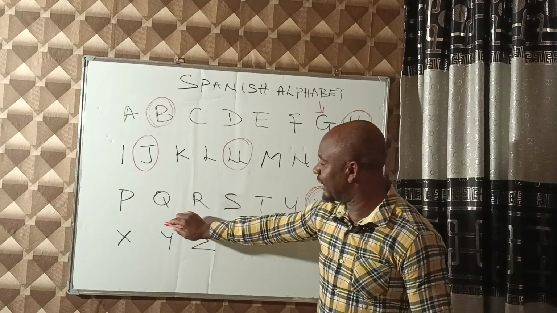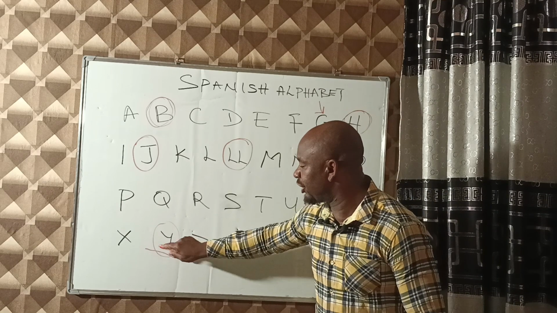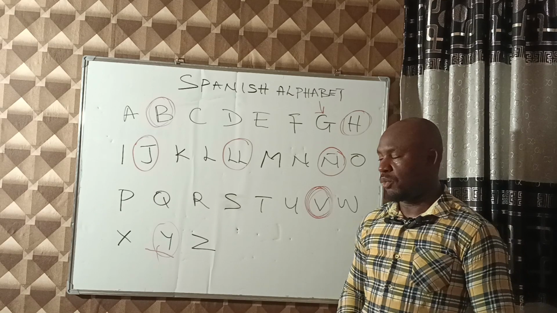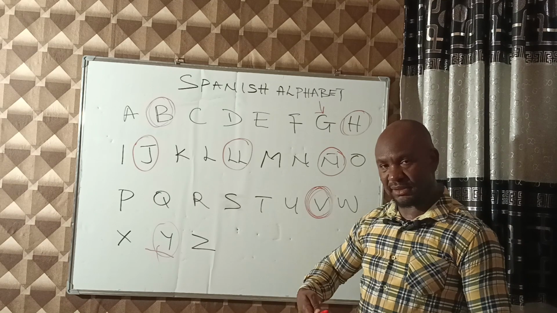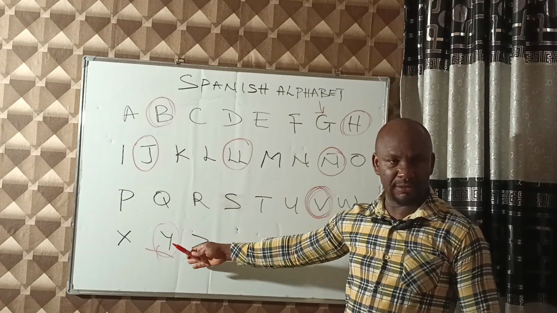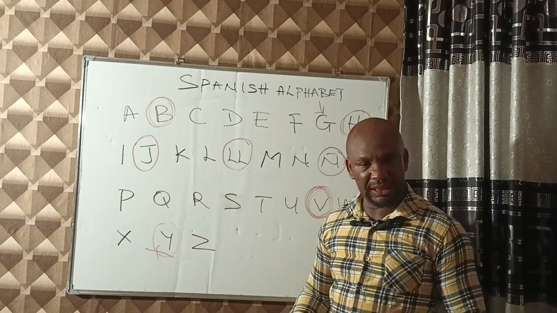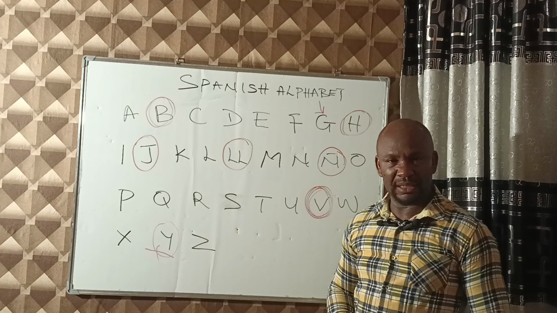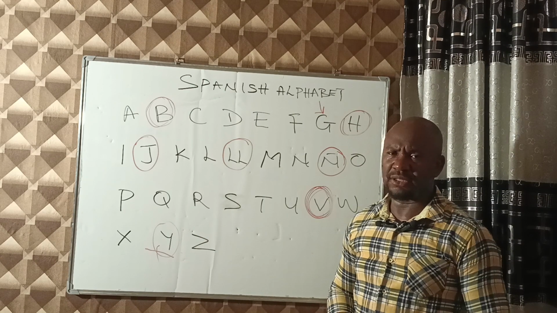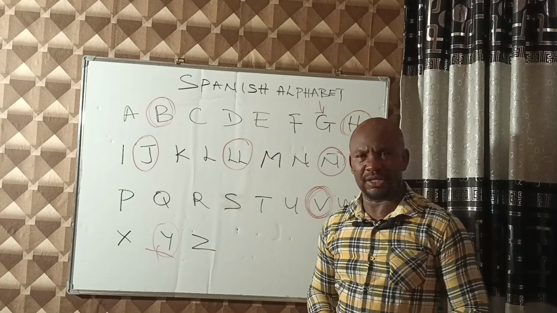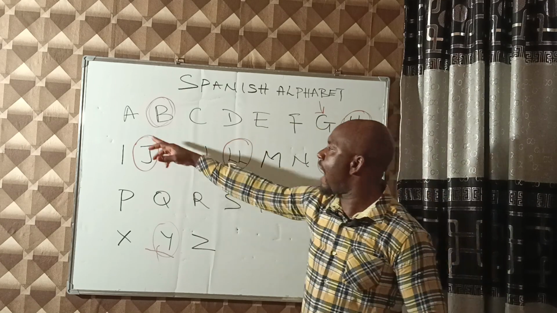Now, the letter Y actually does not exist in real time. It only exists while you are pronouncing it alphabetically. But when you see it in words, in sentences, you don't call it Y. So let's start basically from the beginning and we can give you examples. For example, you have ah.